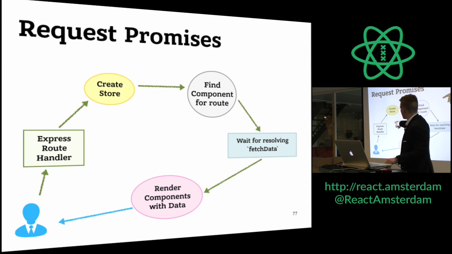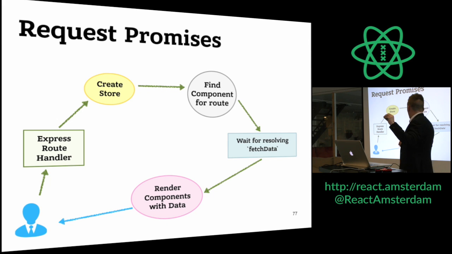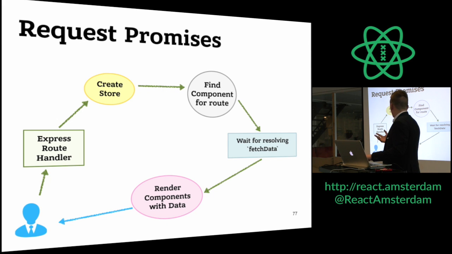So in the schema, it looks like we have our Express route handler getting a request from the user. Then we create a store and find the component for the requested route. Then we wait for the fetch data assigned for this route to resolve, and we render components with data.